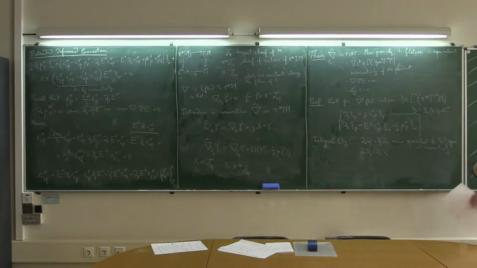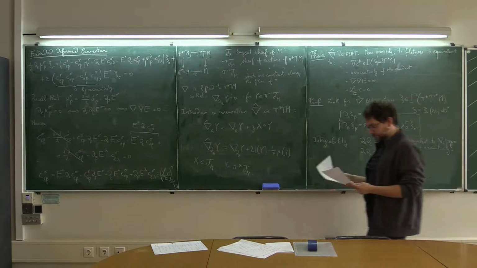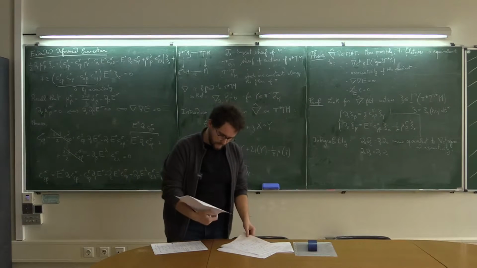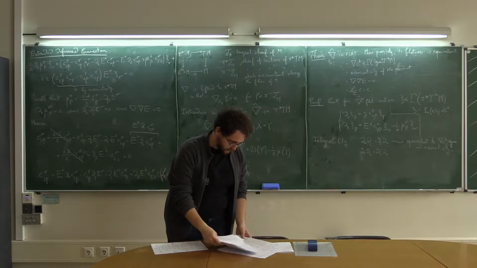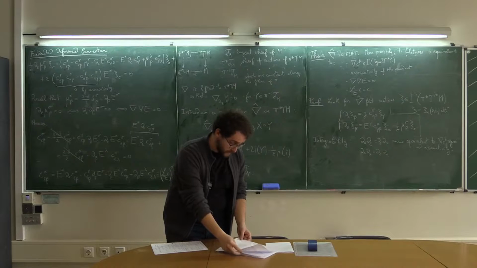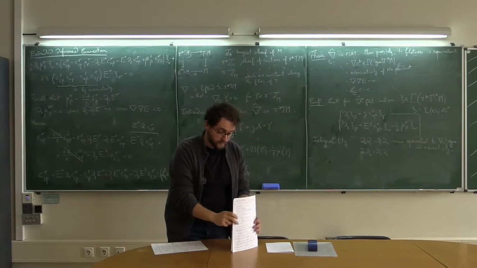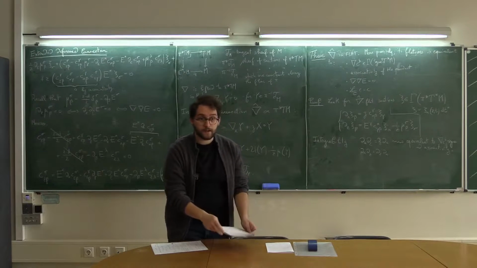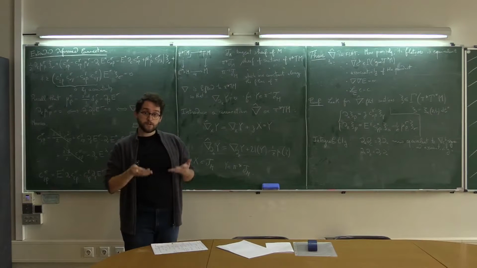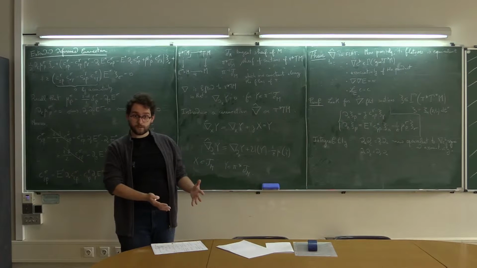But let's summarize what we did. For semi-simple, well, we introduced the notion of semi-simple Frobenius manifolds. We introduced idempotent vector fields, canonical coordinates which are well defined because of a holonomicity property of idempotent vector fields.